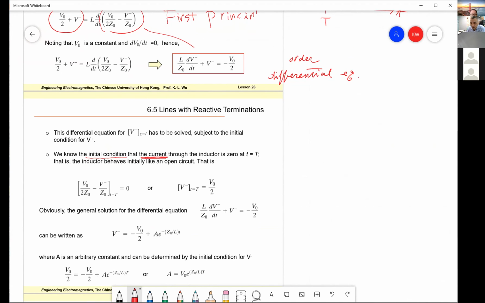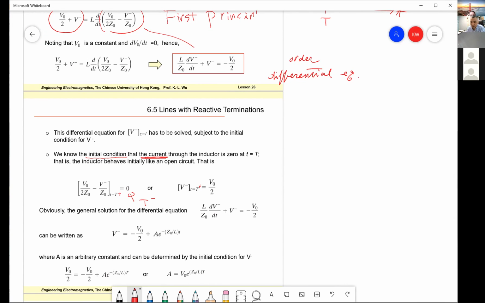Initial condition, this is for T minus, this is for T plus. For T plus, these two currents must be equal. Okay, we apply this condition, and we convert the current initial condition to a voltage initial condition.